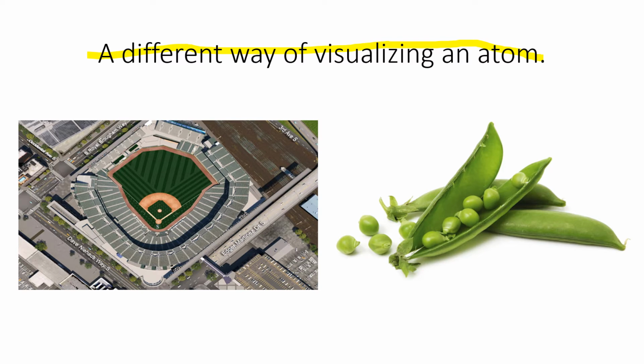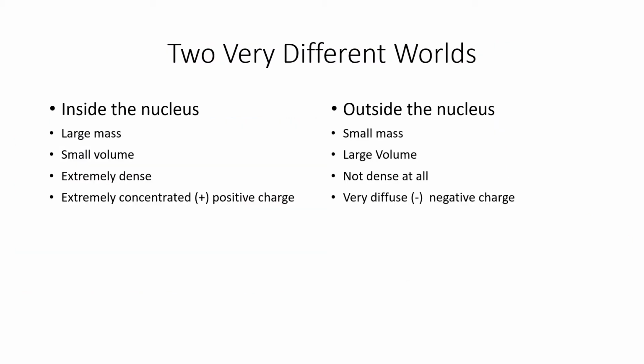So if you can do that visualization, that gives you a better idea of the relative proportions of the nucleus versus the rest of the atom. The nucleus is incredibly small. Because of this, I want you to think about that pea in that sports stadium as well, with the pea being the nucleus and the entire rest of the stadium being the atom.